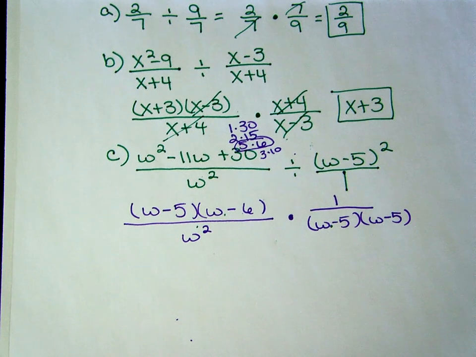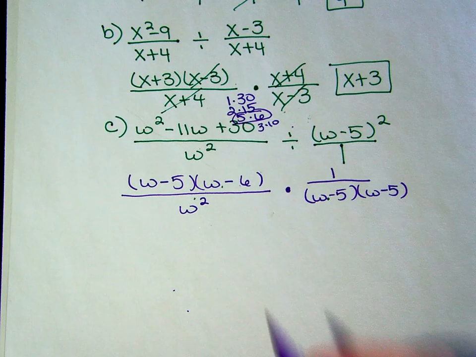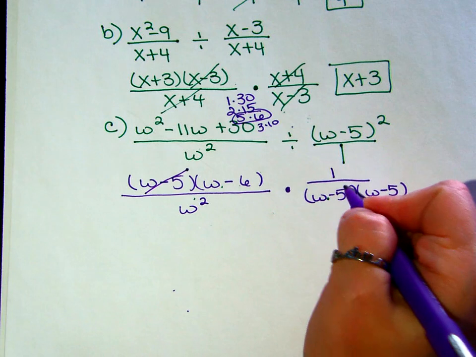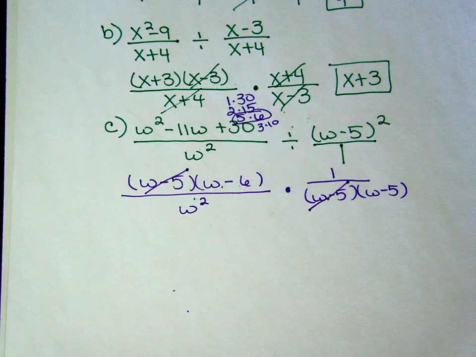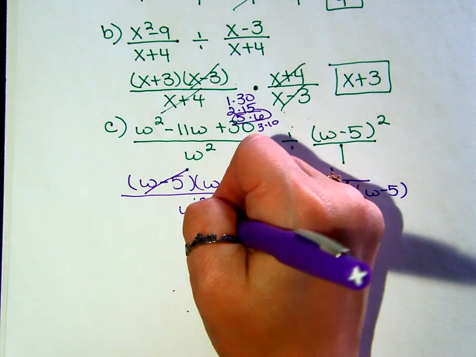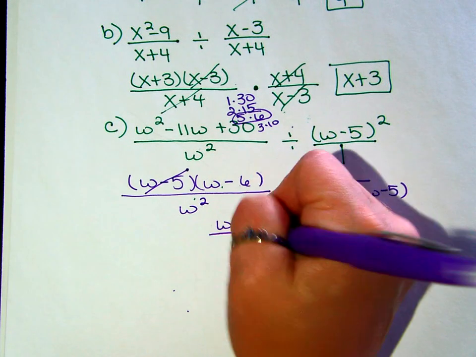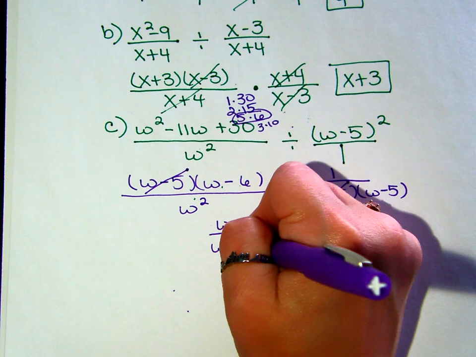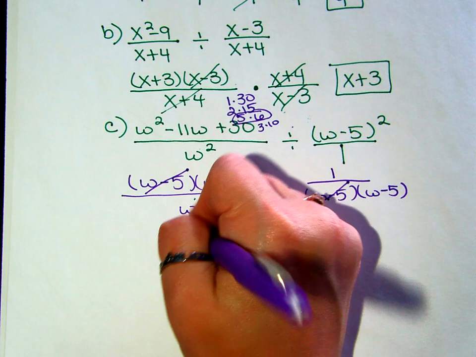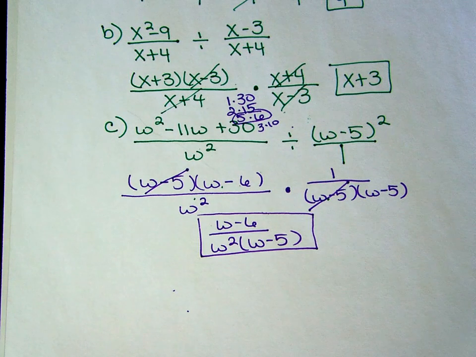Notice I have a w minus 5, a w minus 5, and nothing else. I have a w minus 6 left on top, and on bottom I have w squared times w minus 5. Again, they want you to leave your answers in the factored form, so I'm not going to distribute that w squared. I'm going to leave it factored out just like that.